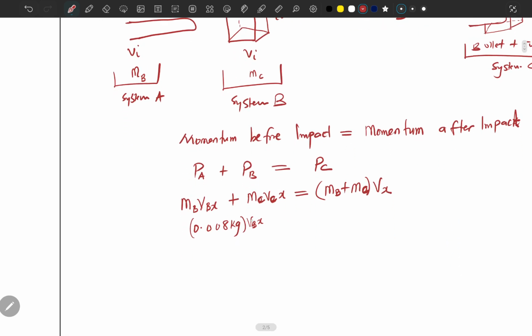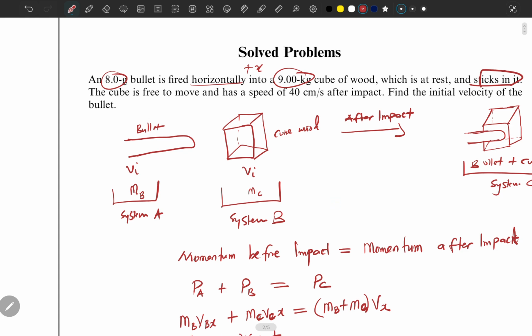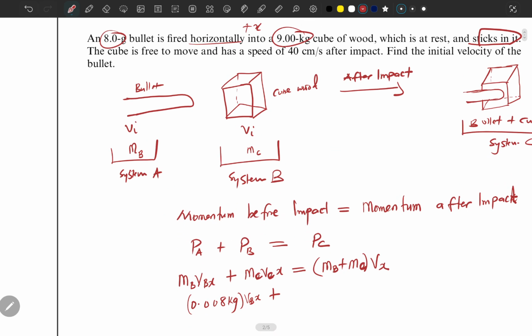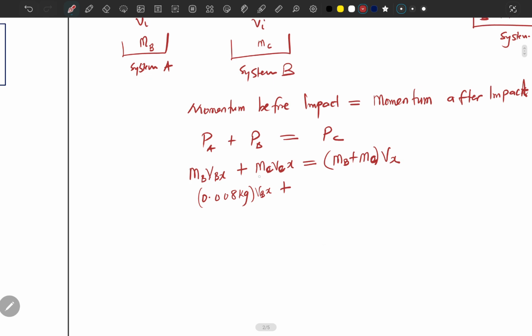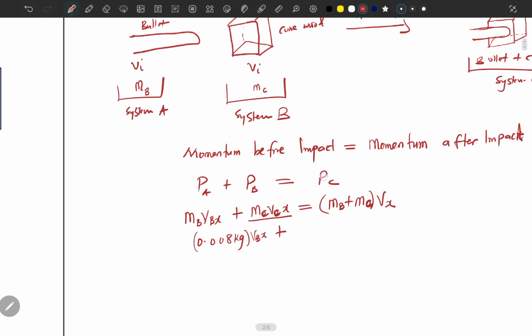So VBx we don't know. Plus, now what about the momentum of the cube?